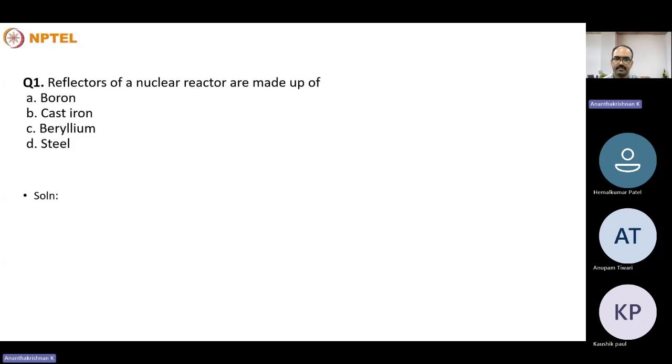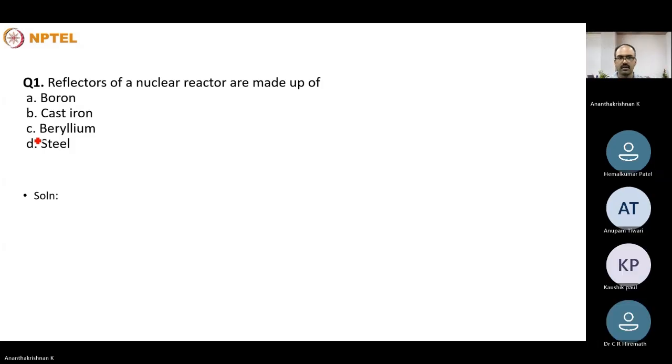The answer is beryllium. So beryllium is a material that is used in making reflectors of a nuclear reactor.